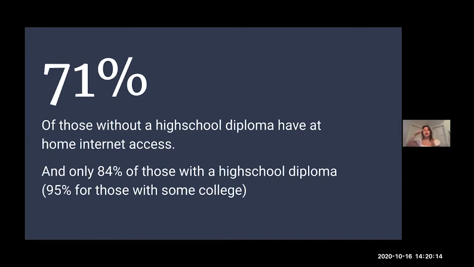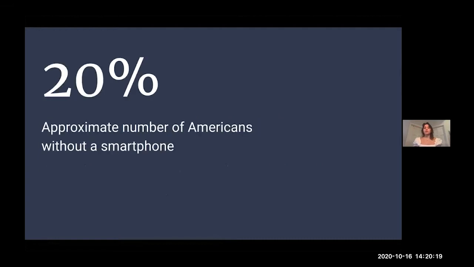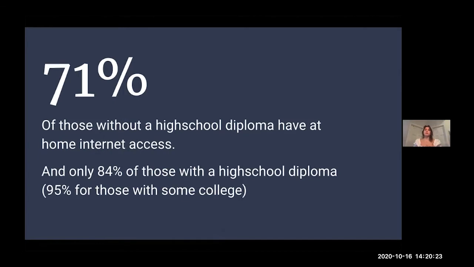We also see that there are some associations with the higher you get into education, the more likely you are to have internet access. Actually, I'm going to go back and talk about that one more time. So if 71% of those without a high school diploma have home internet access, that means around 30% don't.